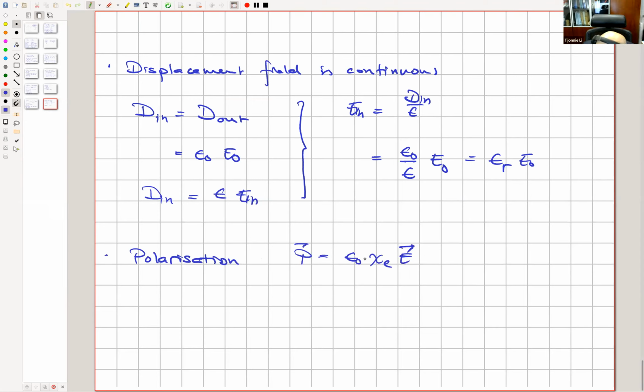So in this case, P in is just epsilon naught chi E in, which I have here. So here I can write epsilon naught chi E, D over epsilon.